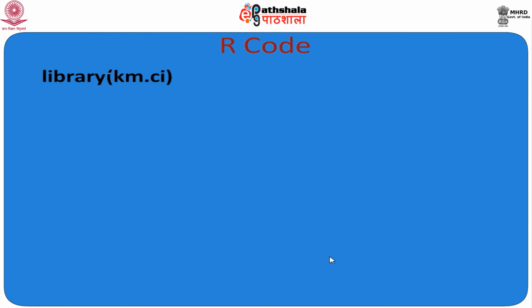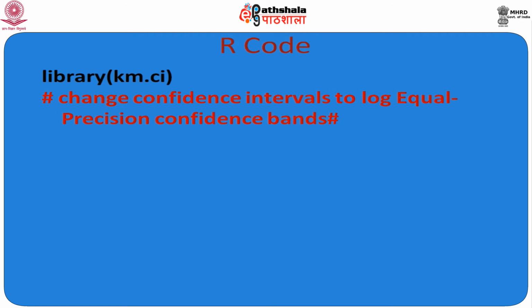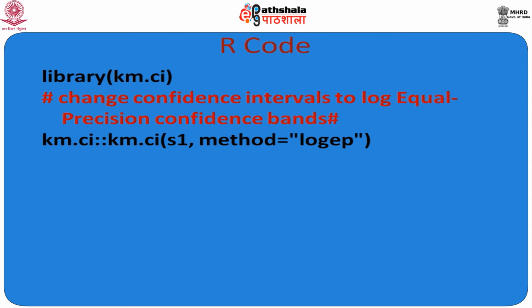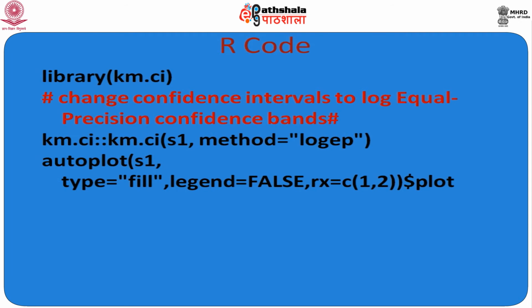Now we are going for the next library, called library KMsurv CI, which is useful to get the confidence interval values of Kaplan-Meier estimates. There are many methods to apply with KM.CI.